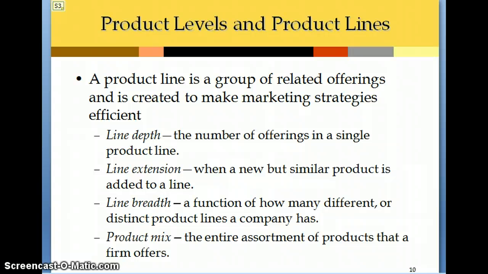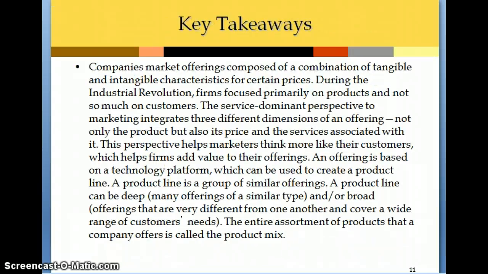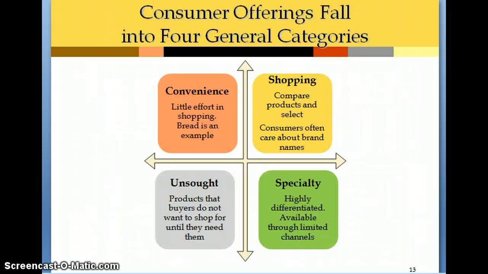There are four levels of an offering. Basic offering, the device itself; the offering's technology platform; the product line to which the product belongs; and the product category to which the offering belongs.